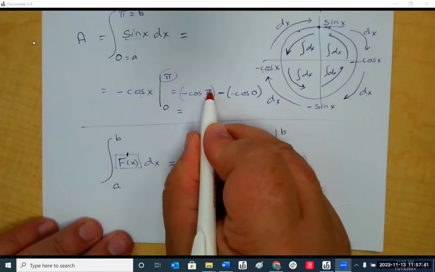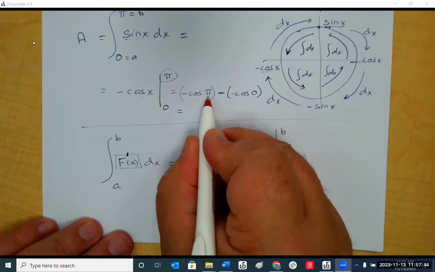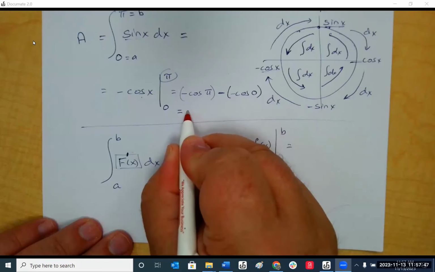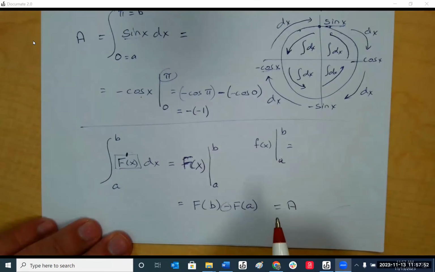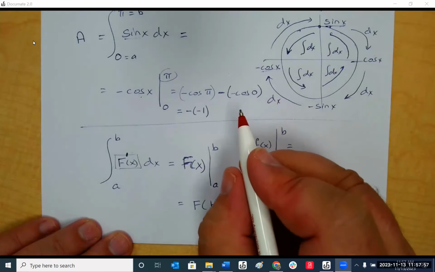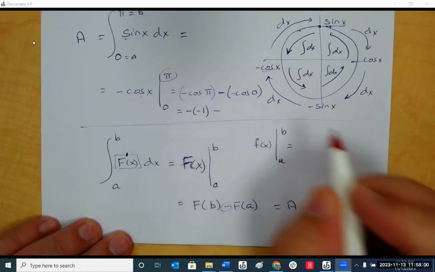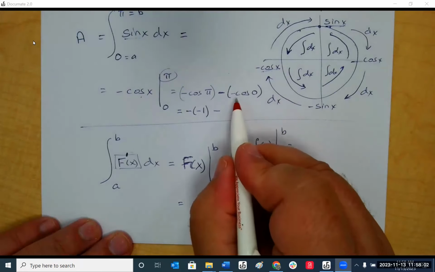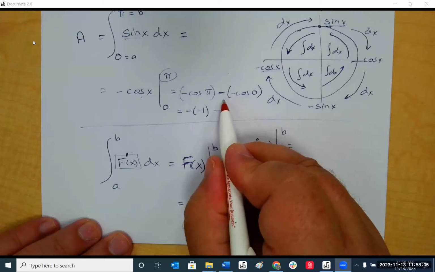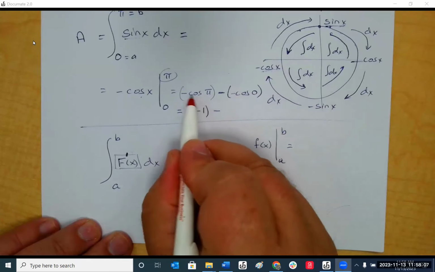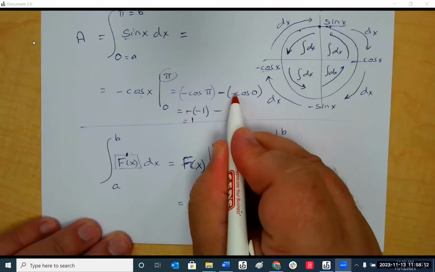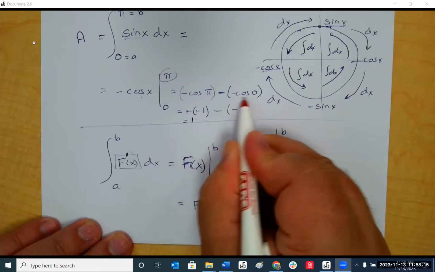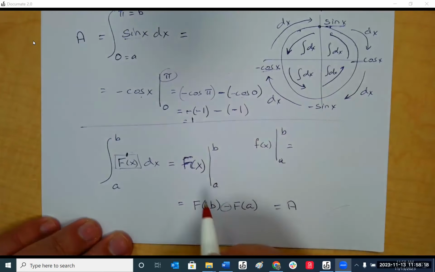What is cosine at pi? So this is negative, negative 1 makes it a positive 1, minus cosine 0 is 1, so it's negative 1.